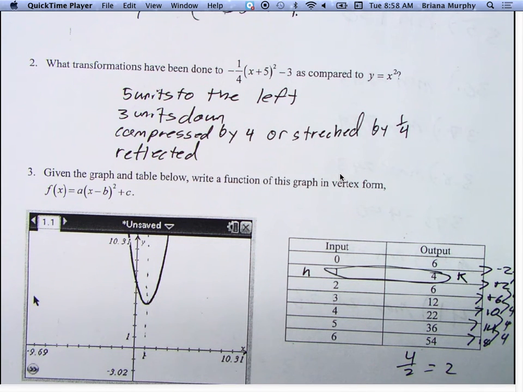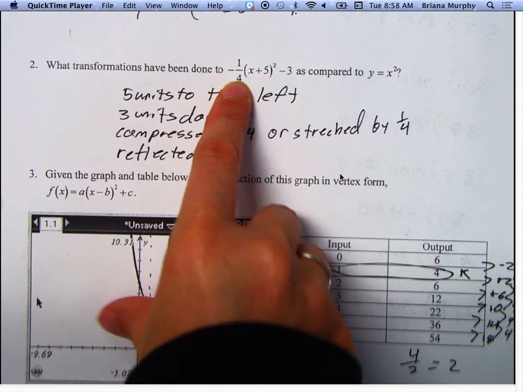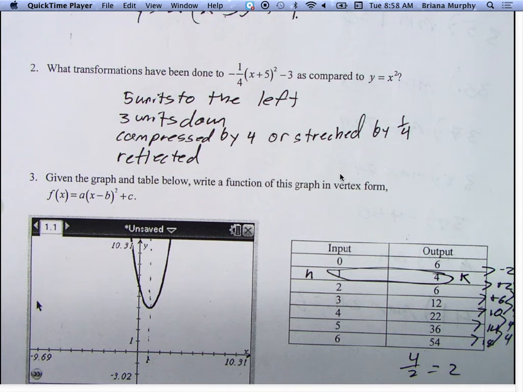Other questions? So compressed is like a whole number, and then stretched is a fraction? No, other way around. Wouldn't compressed be 1/4? No. You say compressed by 4. Compressed is pushed down. That means you times it by 1/4. We say compressed by 4. That means you put 1/4 in your fraction, in for your equation. Whenever we say compressed, we put a whole number, but we know it means a fraction.